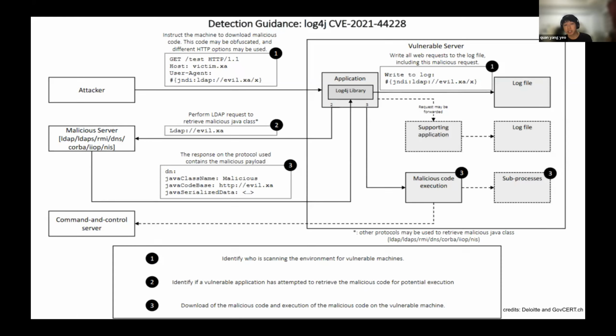Once it fetches that Java class, it will execute it, and it could then run whatever Java command or code is in that Java class. So the whole exploitation flow here is not super complicated. It's super easy to exploit, it's super easy to test if a service is vulnerable, and there are many areas where you could input your payload that could potentially be logged on the server side.